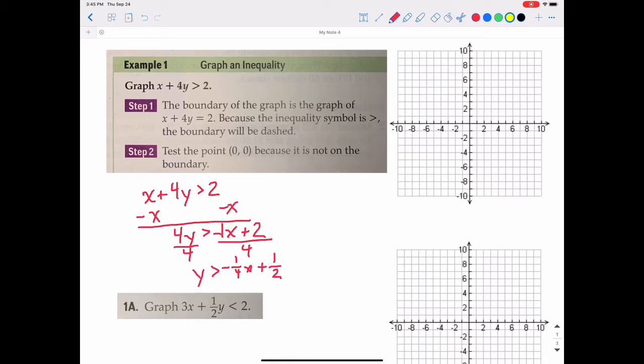So then we go to our graph, and we graph that by placing a point on the y-axis at 1/2 for our y-intercept. So that's about right there. And then our slope is negative 1/4. So from that point, we'll go down 1 and over 4. So down 1, over 1, 2, 3, 4 places it right there.